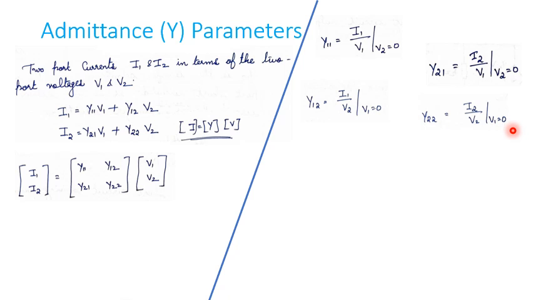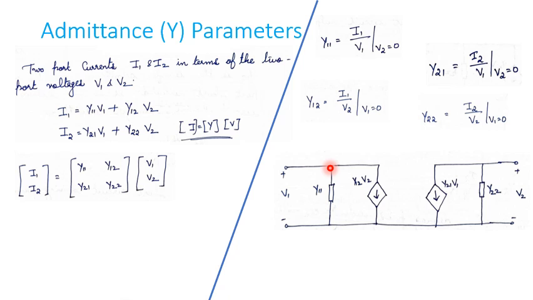Next, the equivalent circuit of the two-port network in terms of Y parameters will be like this. The currents are I1 and I2. Now, from this side, it is clear that I1 is equal to current through this branch plus Y12 into V2. Current through this branch will be equal to V1 into Y11.